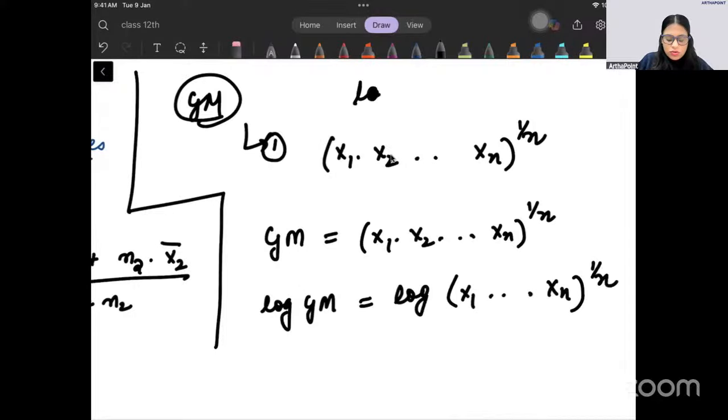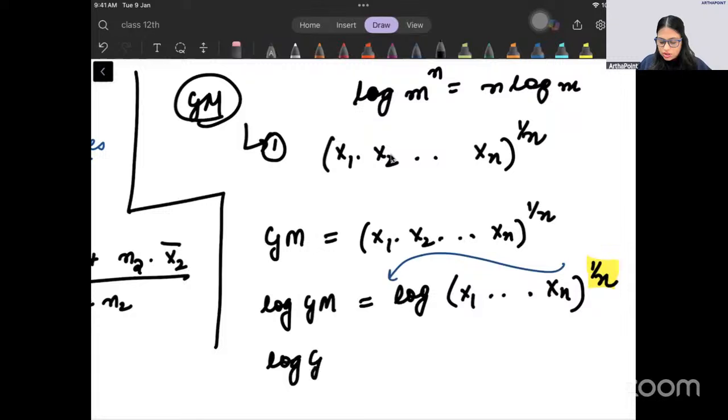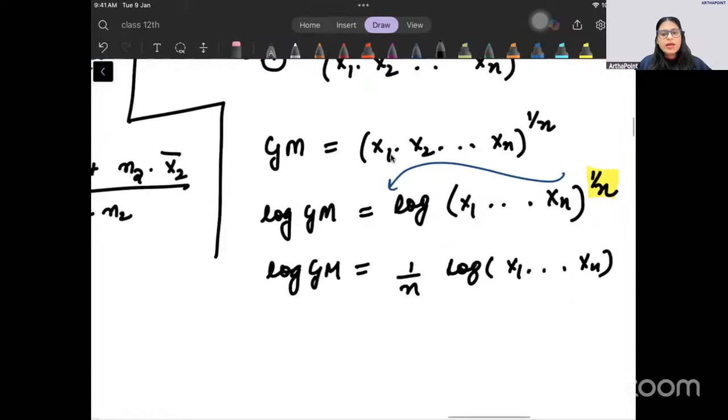And we know log m to the power n is n log m. So this factor can come here. So we will get log gm is equal to 1 by n log x1 till xn.